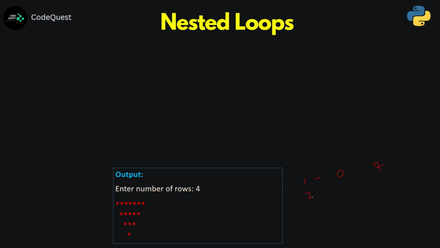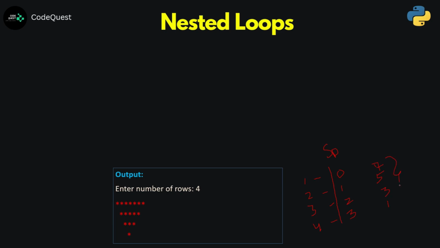Now for the second row, we have to print 1 space followed by 5 asterisks. And in the third row, we have to print 2 spaces followed by 3 asterisks. And for the fourth row, I have to print 3 spaces followed by 1 asterisk. So if you can see, this is the number of spaces that I want on each iteration.